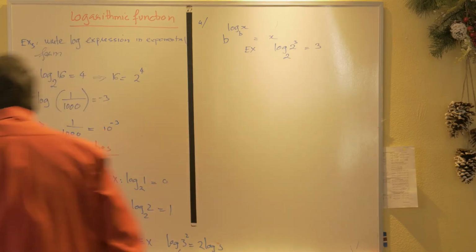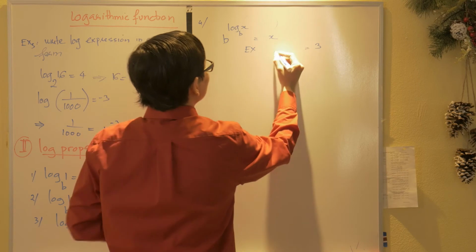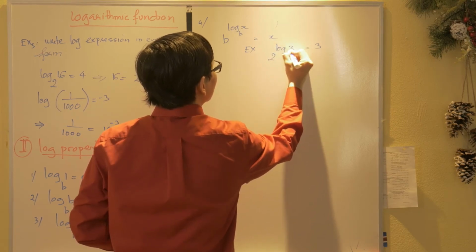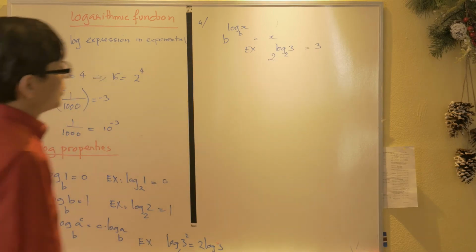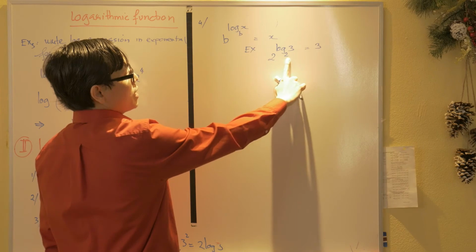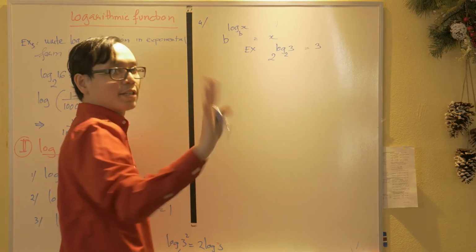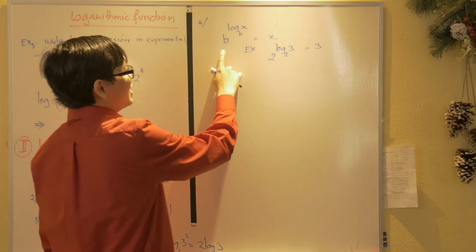Oh, I think I wrote it wrong. I'm sorry. So it's 2 to the log base 2 of 3. You see the base here and the base here are the same, then I just write number 3 over here. Just ignore what I said about a minute before, I wrote it wrong.